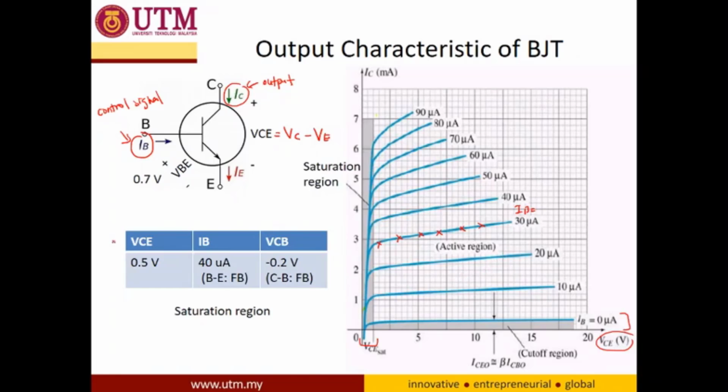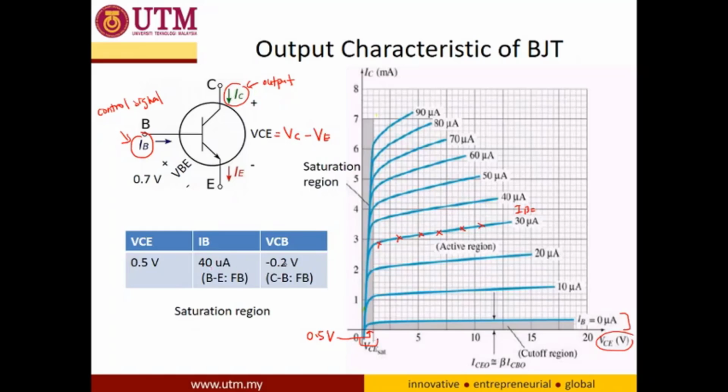Let's consider this biasing. When VCE is 0.5 volt, around here, and IB is 40 microampere.